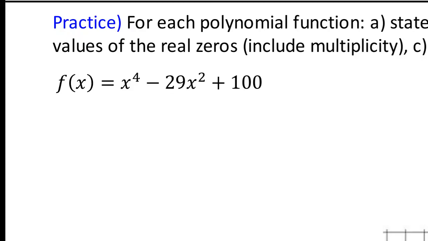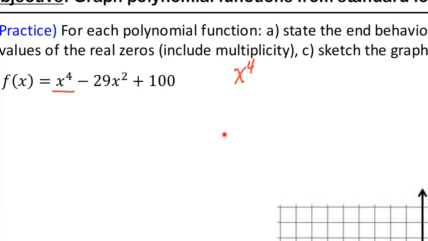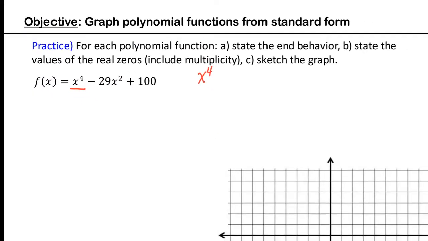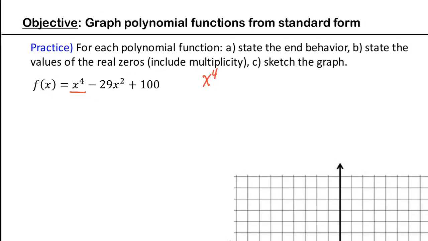All right, so remember for end behavior, we look at the leading coefficient. That's x to the fourth. So is that even or odd? Even. And positive or negative? Positive.